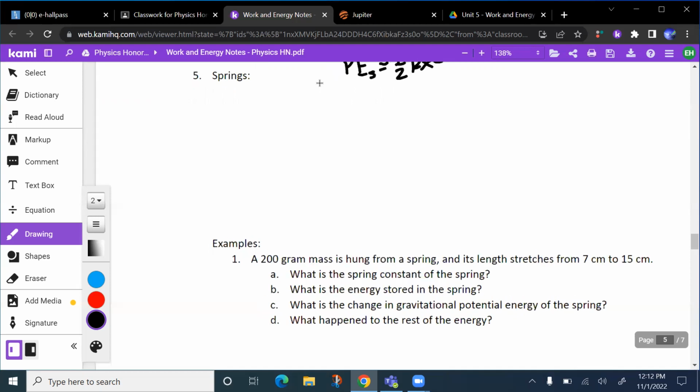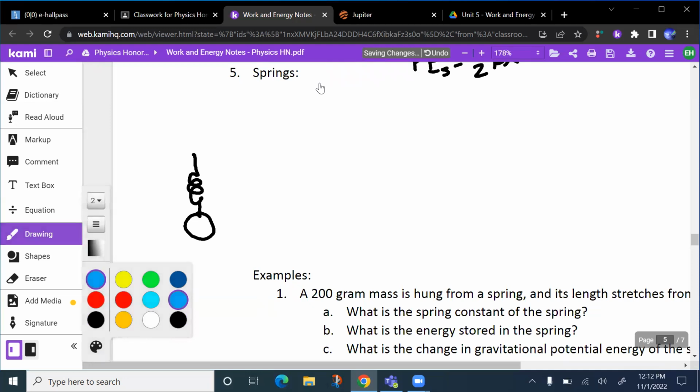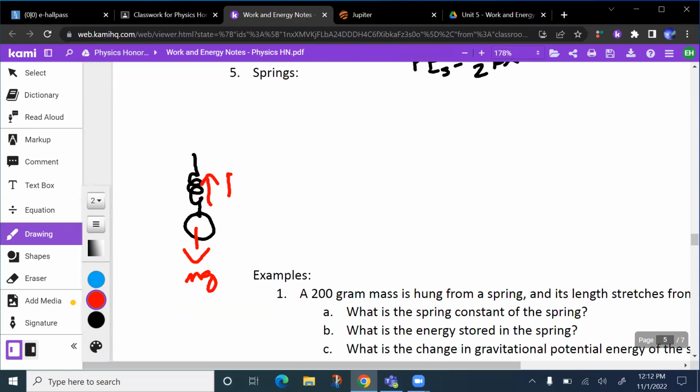Okay, so let's actually draw a picture. So this is the spring, and when you hang a mass on the end of it, let's look at the forces acting on that. You have the weight, and going up, you have the spring force equals kx.